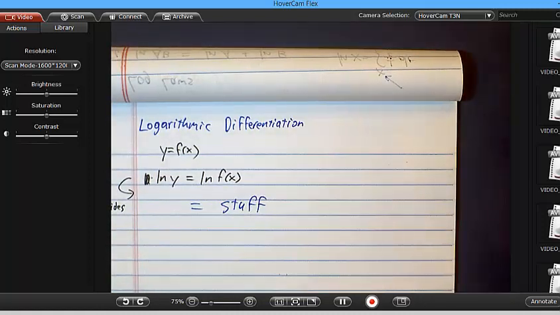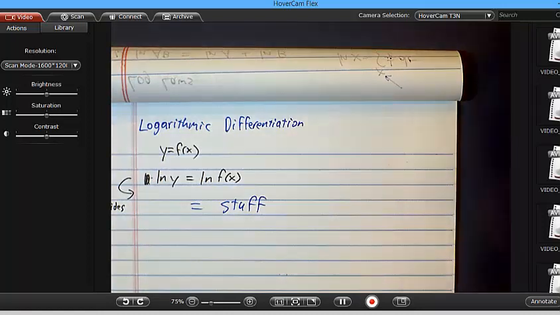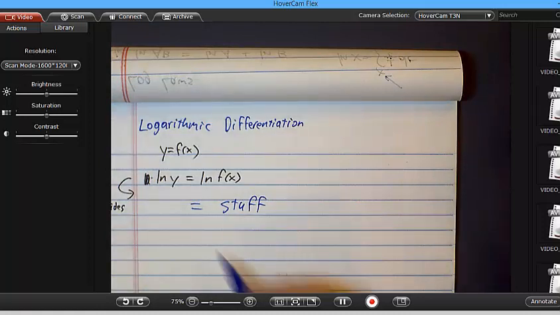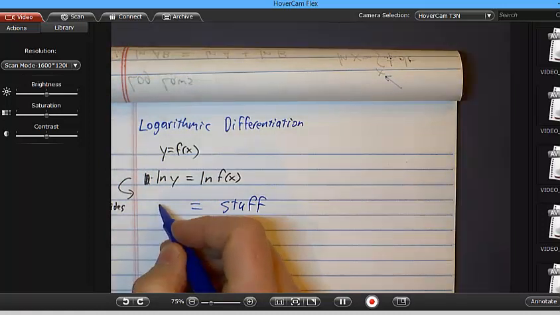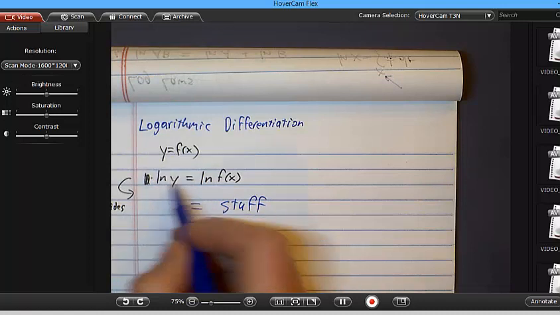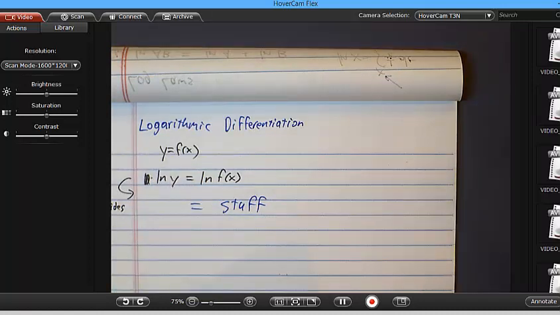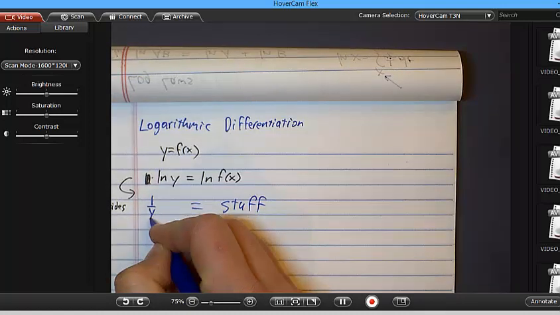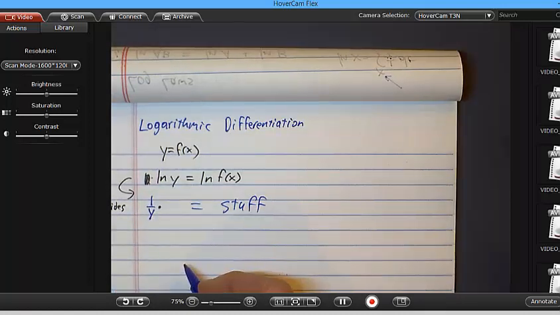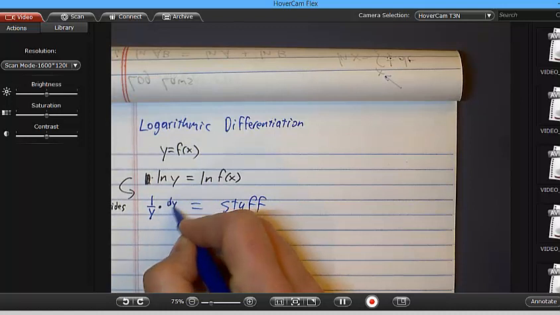What happens on the left is I always get the same thing. What's the derivative of the natural log of y? 1 over y times dy dx. That's right.